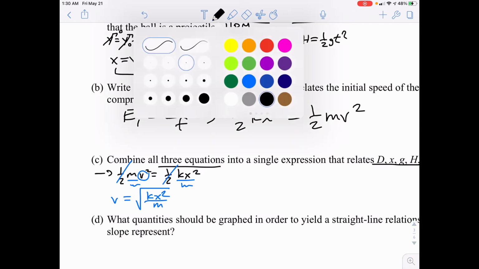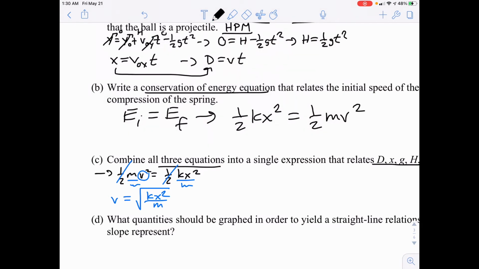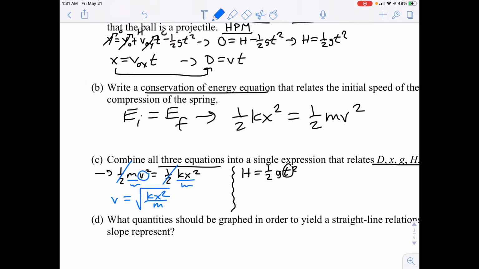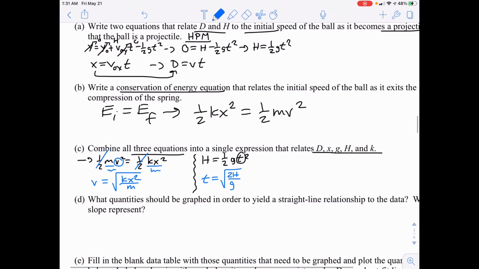And then I'm going to take this other equation that we wrote over here. h is equal to 1/2 gt squared. And I'm going to solve that for time. Well, I'd have to multiply by 2, divide by g, and square root. So t is equal to the square root of 2h over g. Now, if we put this together, d is equal to v times t.